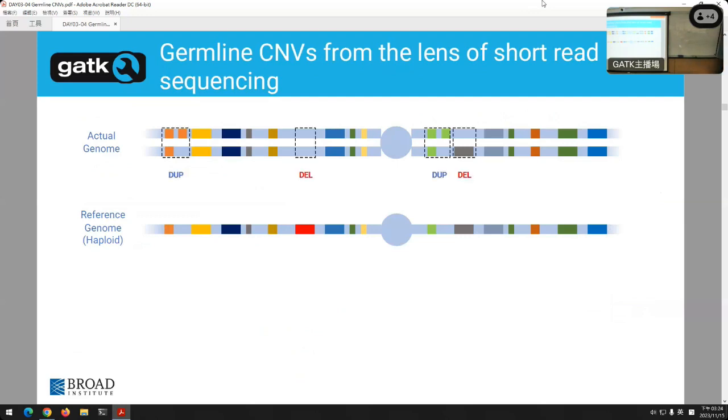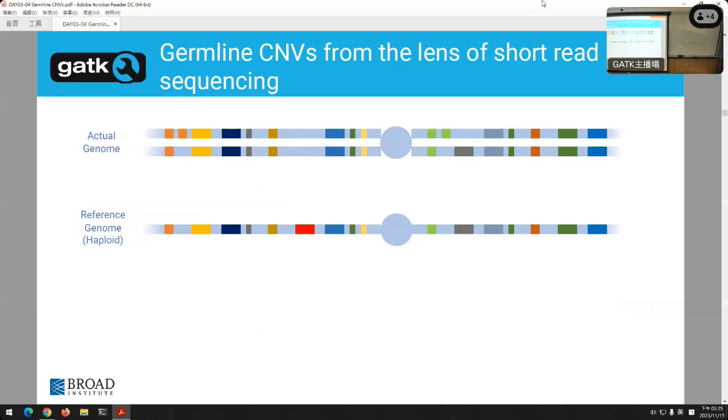And you can see that there are some copy number variants in the sample genome. There's a heterozygous duplication in orange. There's a homozygous deletion of the red region. There's another heterozygous duplication. And then there's a heterozygous deletion of the gray region.